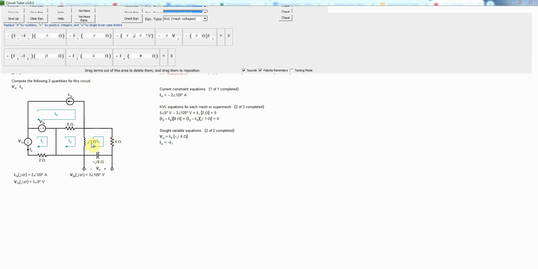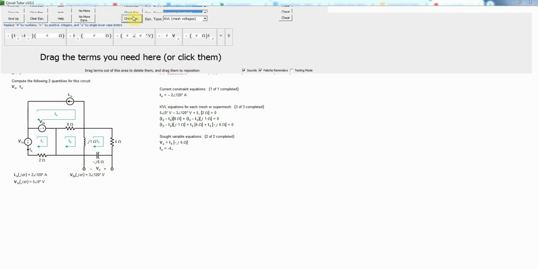Again, we're adding voltage drops going clockwise. And then finally going back to the left here, the sign of V naught here is absolutely irrelevant to what we're doing. We're just adding voltage drop, but it happens to be consistent, but it doesn't matter whether it is or not. So we have I3, which is the only non-reference mesh current through that element, and then that's times negative J6. And we check that, and that's correct.